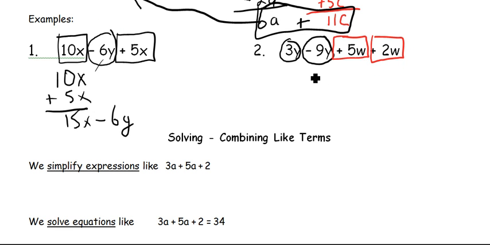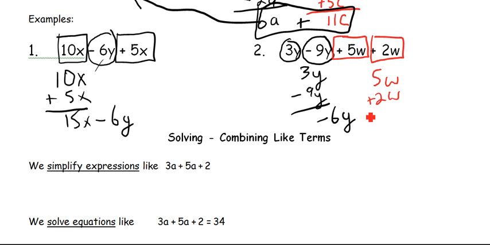So what I'm going to do is I'm going to do 3y minus 9y gives me negative 6y. And then I have 5w plus 2w gives me 7w. And since it's positive, I'm just going to go ahead and do that so that I can show my answer is negative 6y plus 7w.